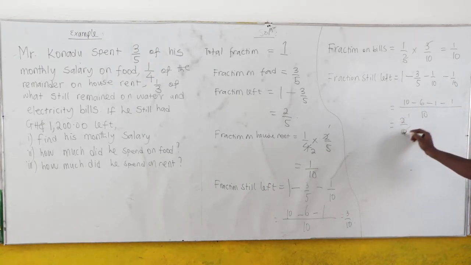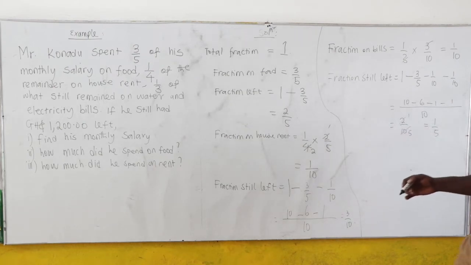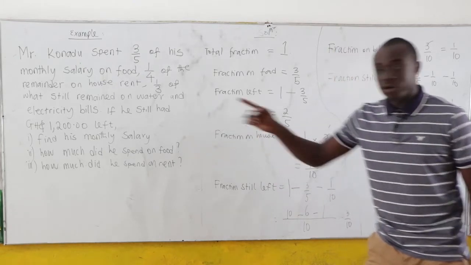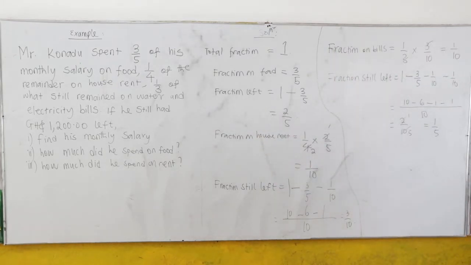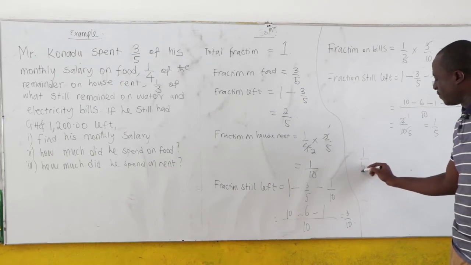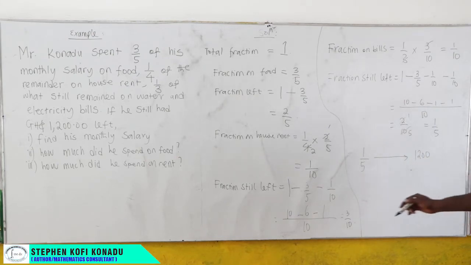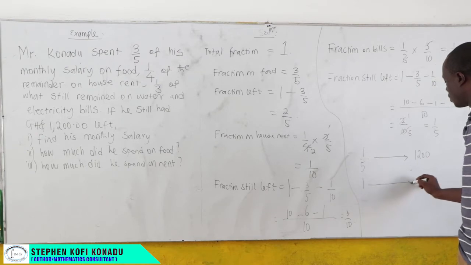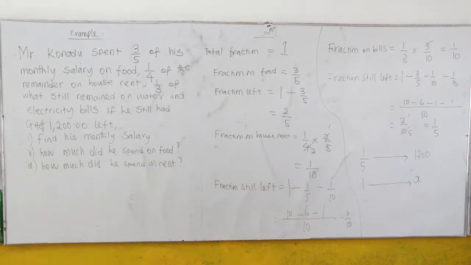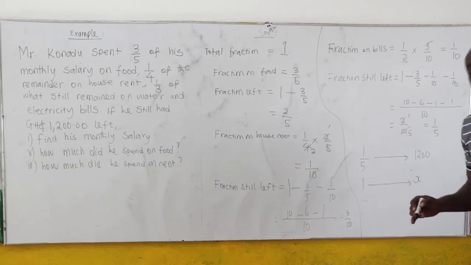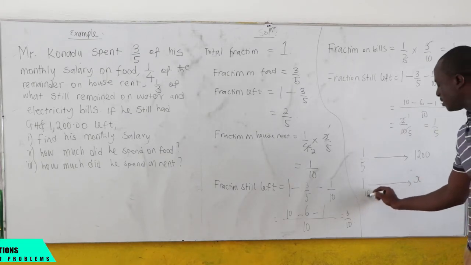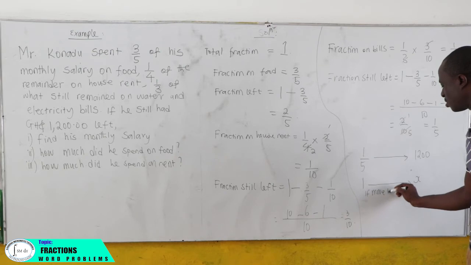So we have 2 over 10. Now 2 going into 2 once, 2 going into 10, that is 5. So you have 1 over 5. Now this is telling us what? That 1 over 5 will correspond to the amount left, which is 1,200. Now 1, the total, will correspond to x. Now if more, let's divide.